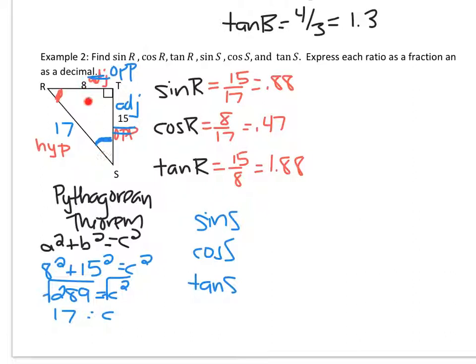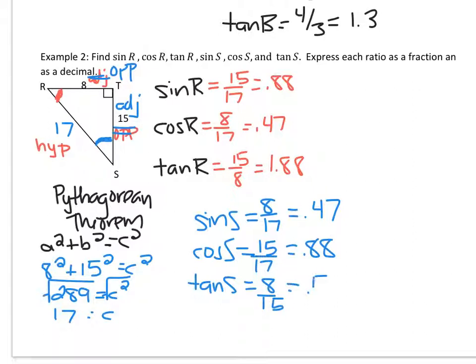So 8 is across from 15, our hypotenuse stays, and 15 is the side that touches our angle that's not the hypotenuse. So sine is opposite over hypotenuse, so we're going to have 8 over 17, which is 0.47. Cosine is adjacent over hypotenuse, which is 15 over 17, which is about 0.88. And tangent, which is 8 over 15, which is about 0.53.